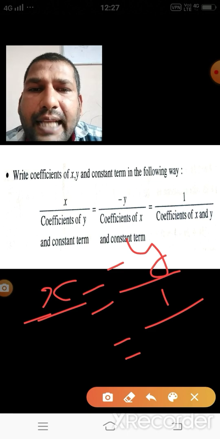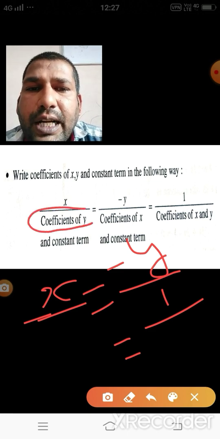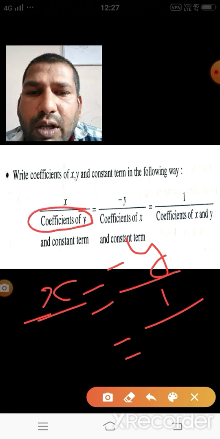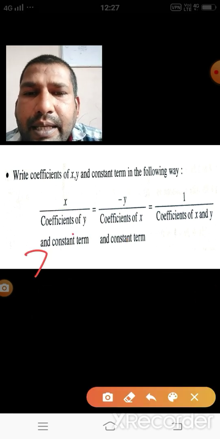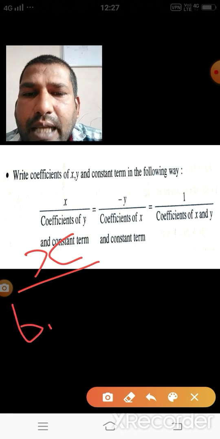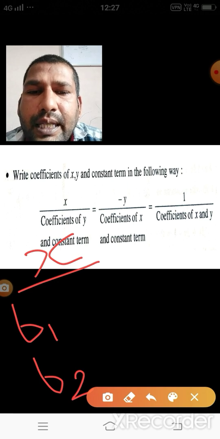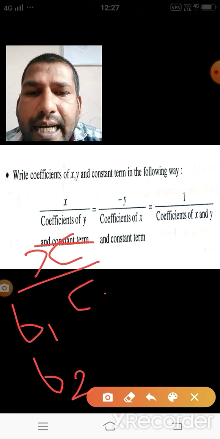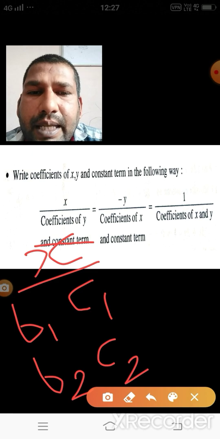In the denominator under x, we write the coefficients of y, which are b1 and b2, and the constant terms c1 and c2, written like this.